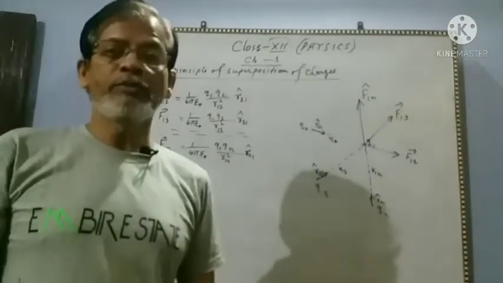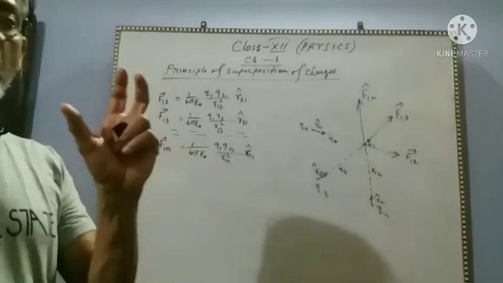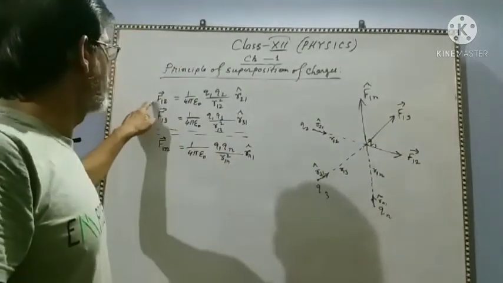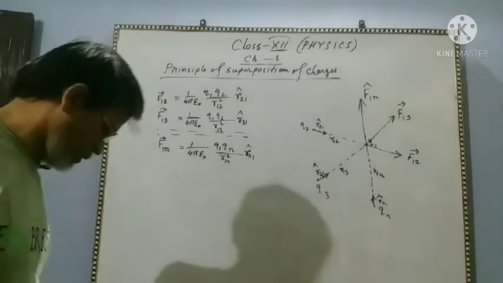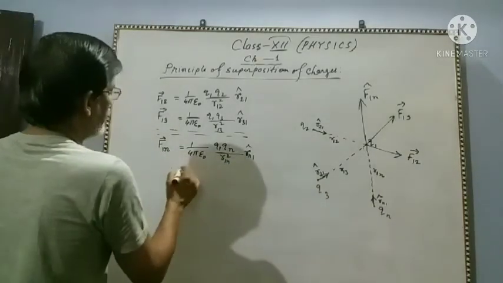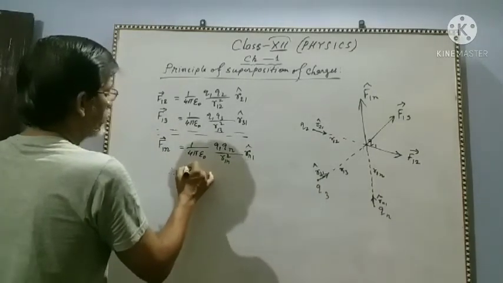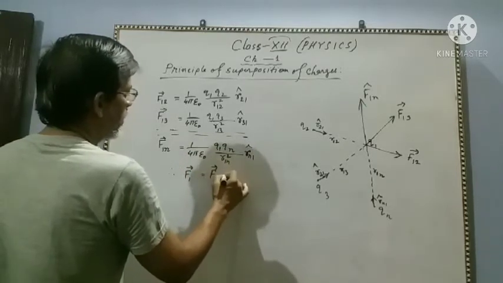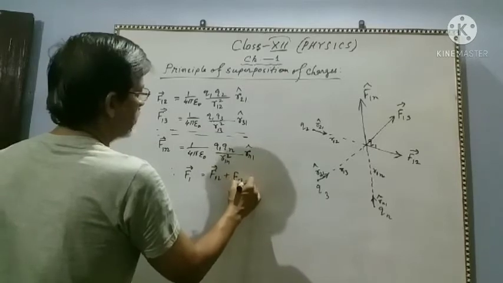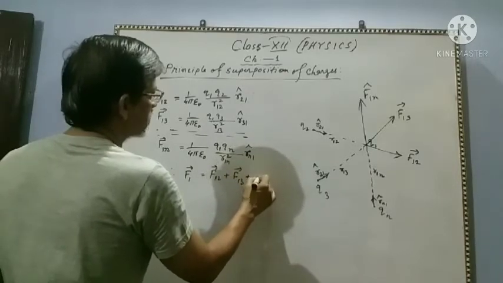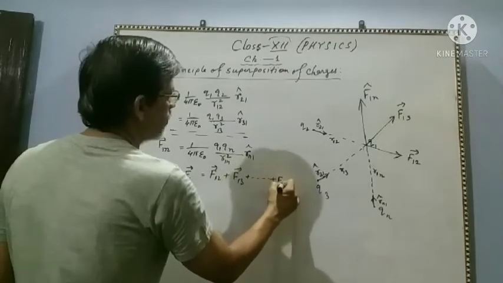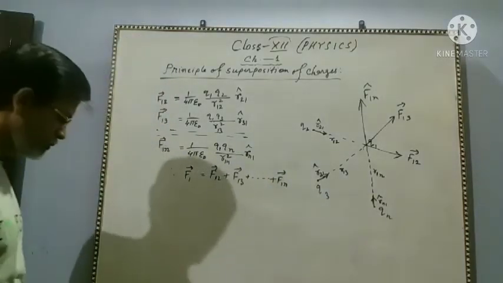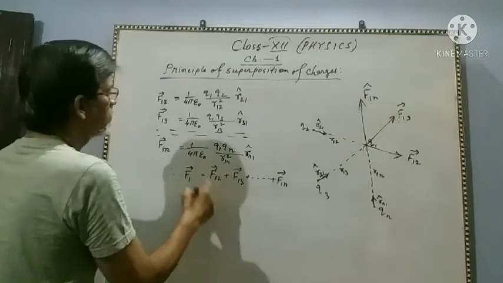Now what is the superposition principle? What will be the net force on this? This will be the vector sum of these forces. So therefore F1 equals F12 vector plus F13 vector plus F1n vector. Clear? Now you put this value.